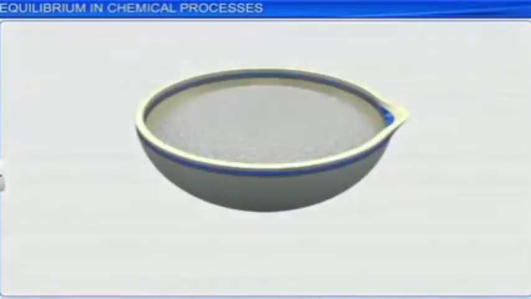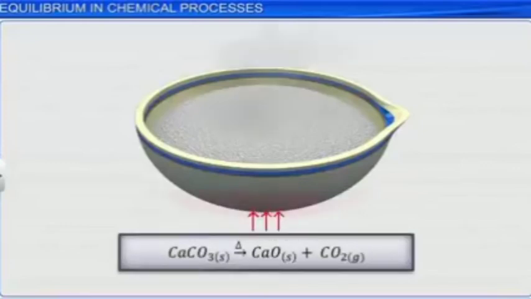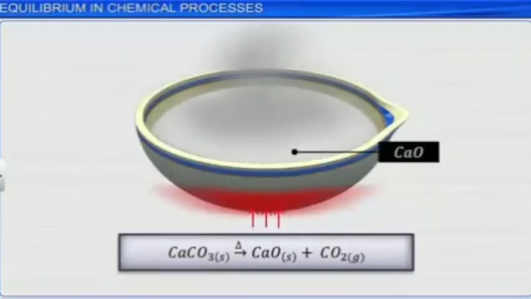When calcium carbonate is heated strongly, we get calcium oxide solid and carbon dioxide gas. This decomposition is carried out in an open vessel. Carbon dioxide, being a gas, escapes out.